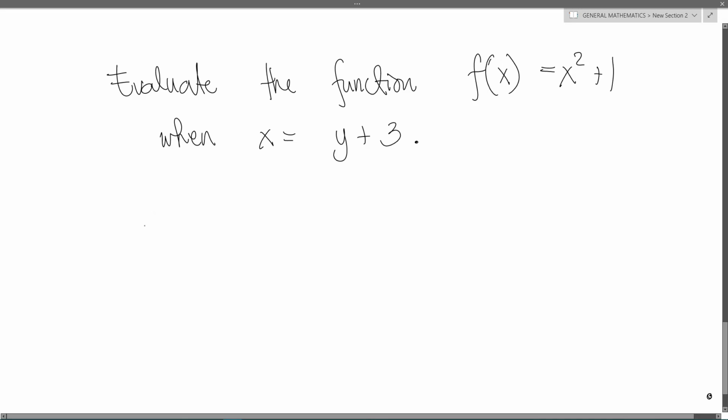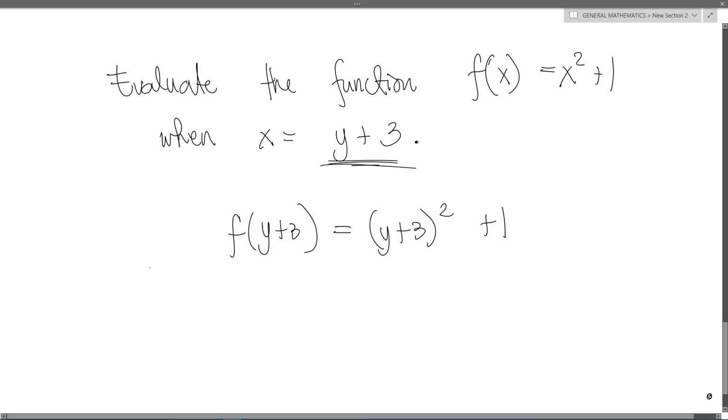So when something like this comes up, what you should do, going back to the basics, is replace this x with the corresponding input value. So the function becomes like this: I replaced this x with y plus 3, and then x squared will become y plus 3 squared plus 1.